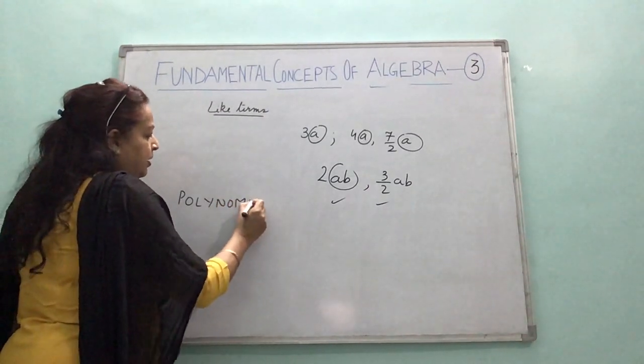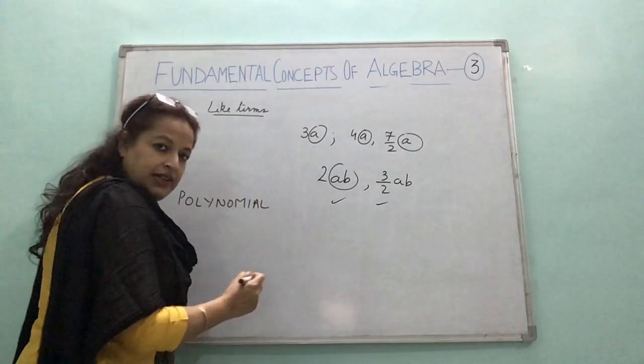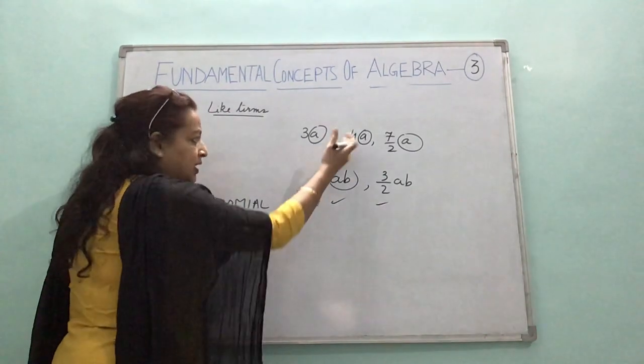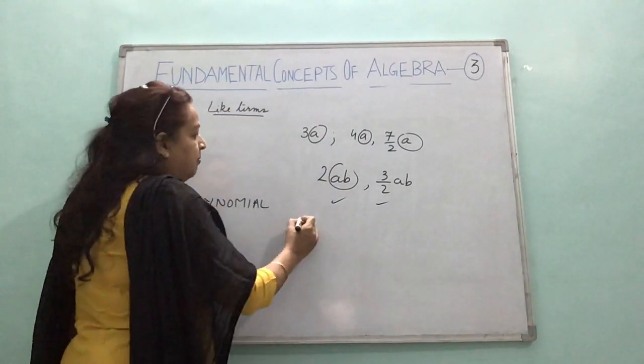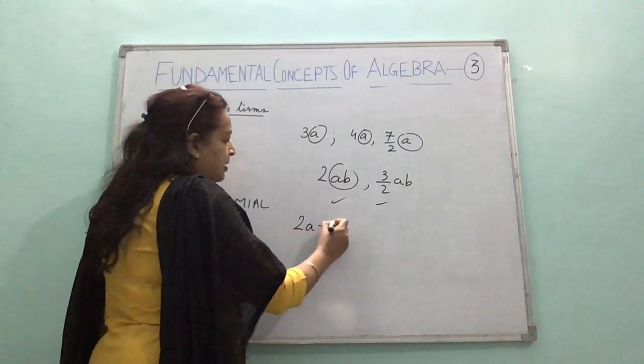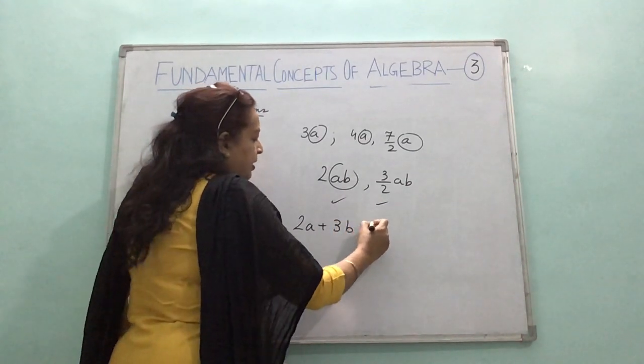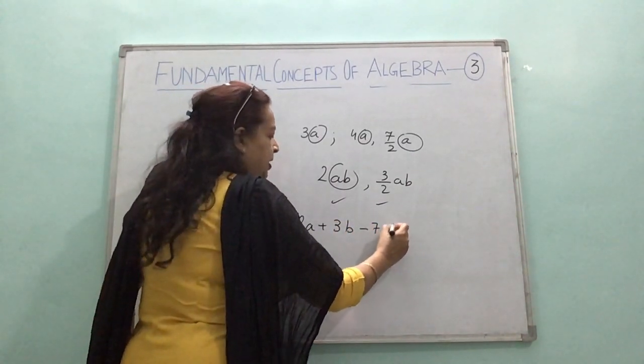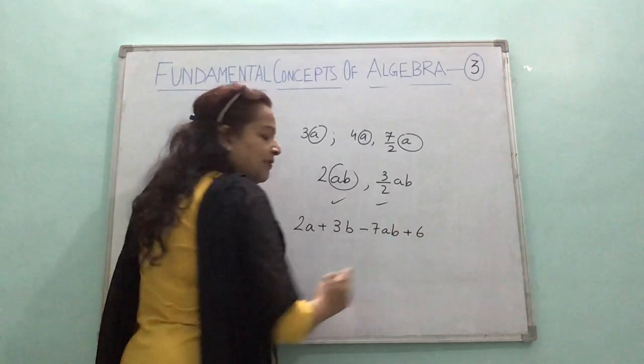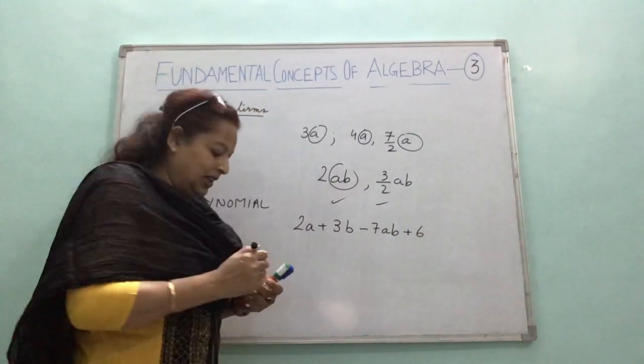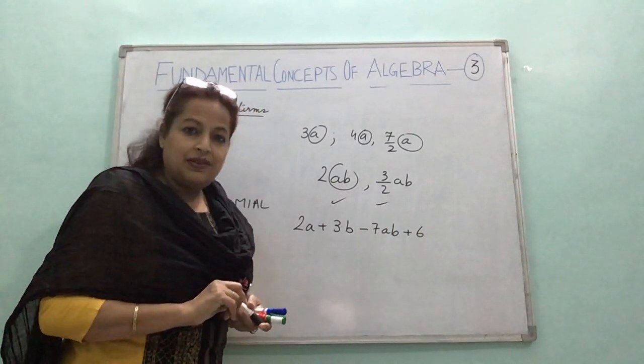Now, what is a polynomial? If I take any algebraic expression, these are all also expressions, but I am taking 2a plus 3b minus 7ab, anything like that, plus 6. Now let's see the parts.